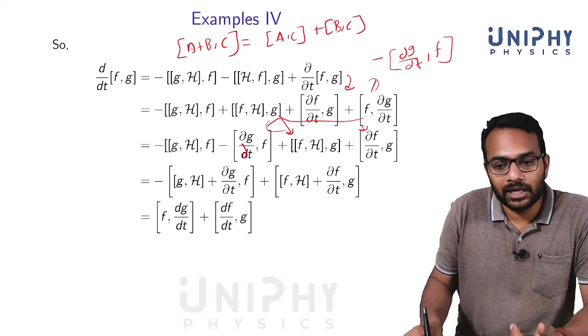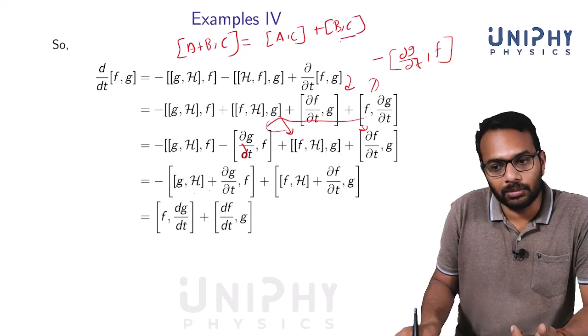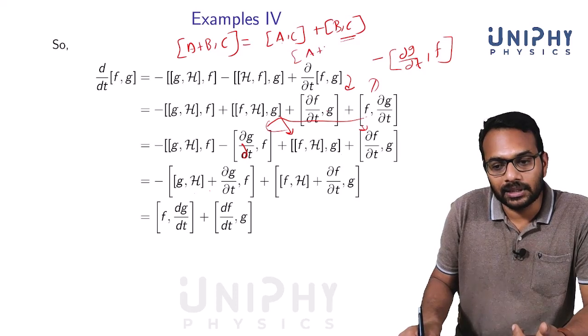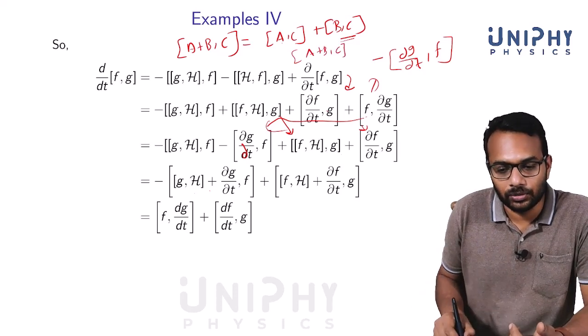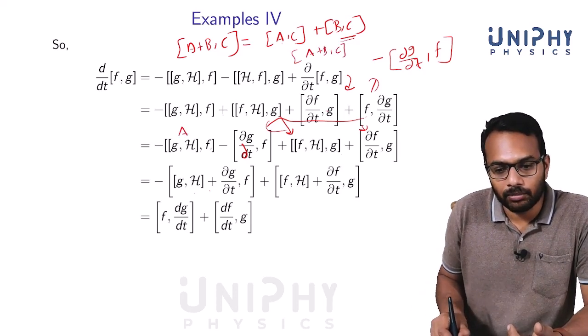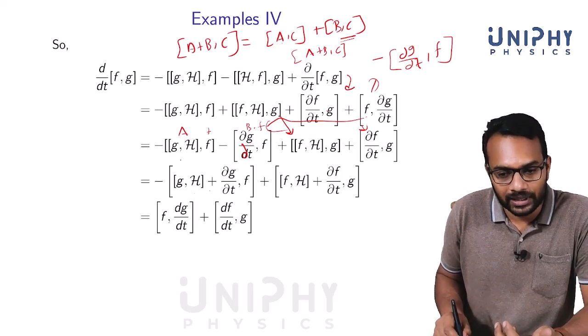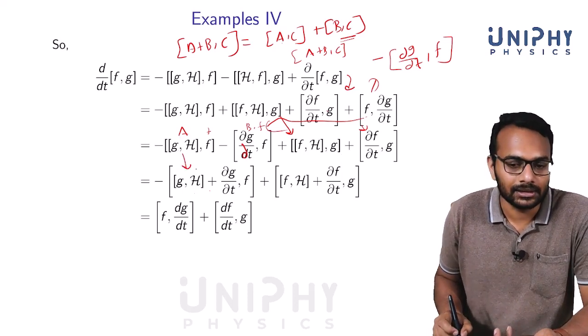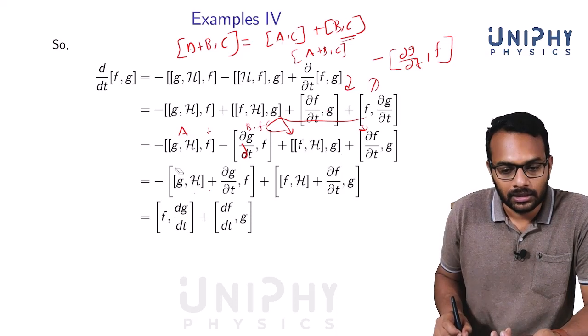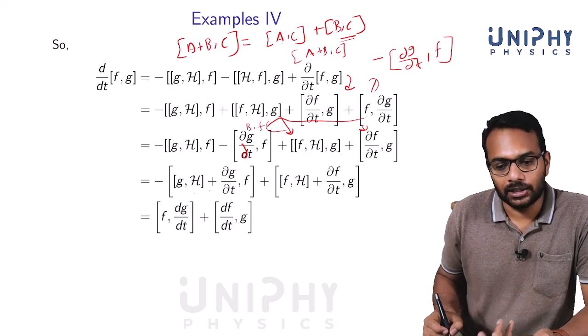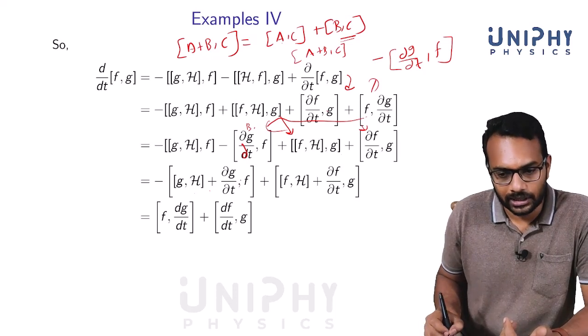So if you have something like a comma c plus b comma c, you can write it as a plus b comma c. We have a comma f and b comma f, so you can write it as a plus b comma f. That's what we do here. And instead of a here, we have g comma h. That's all. And this minus we pull out. So that minus is here, and it's g comma h plus dou g by dou t, comma f.